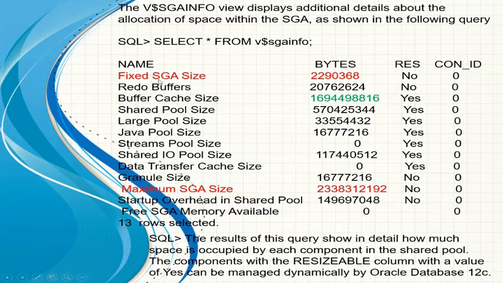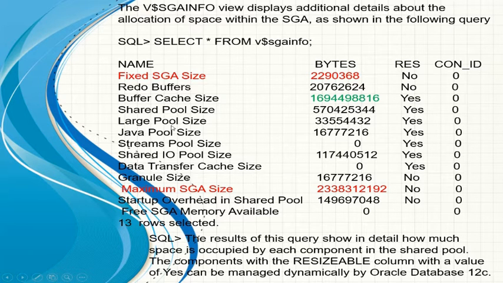The fixed SGA size is this; you cannot resize it. The redo buffer is this; you cannot resize it. Resizable column: shared pool size, buffer cache size, you can resize it.